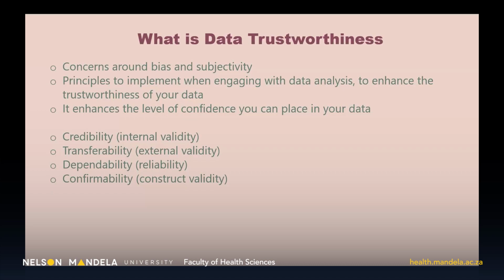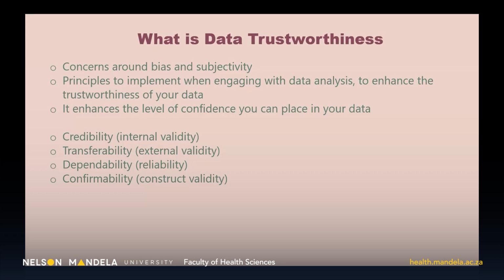Because there is such a concern around bias and around subjectivity, they are the principles that are running in the back of our minds that we use when engaging with data that are going to increase the level of confidence that we have when we look at our data, that we can trust this data, right?